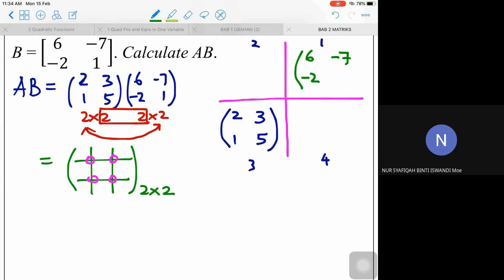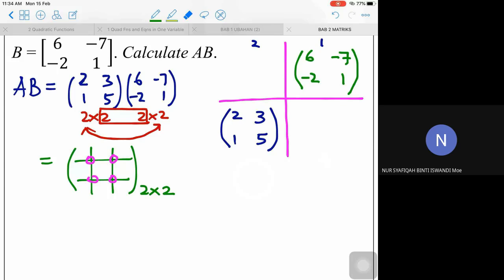Remember, the first matrix goes in quadrant 3, and the second matrix in quadrant 1. It must follow this arrangement, then it is correct. I will erase the 3 and 4 first so that it does not disturb us.